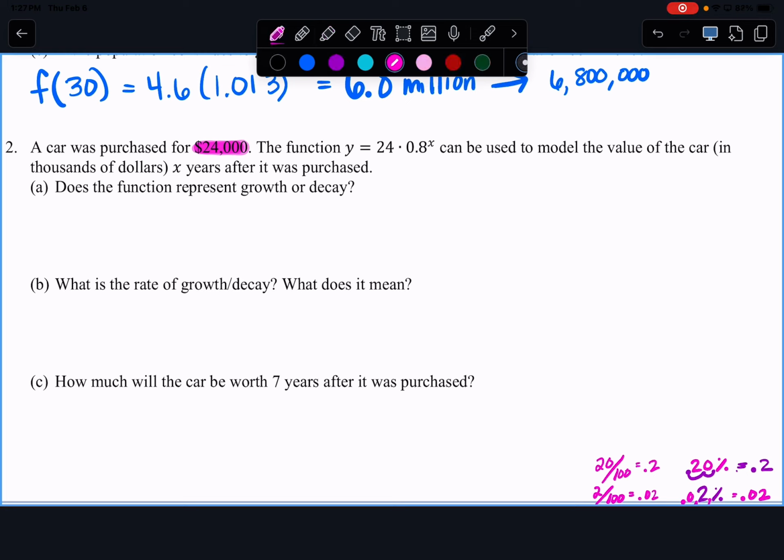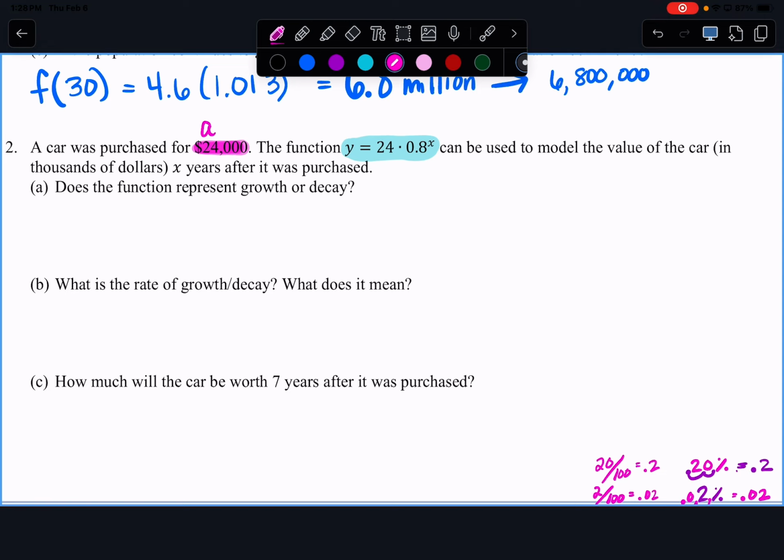That is our A. It also says the function used to model it: y equals 24 times 0.8 to the x power can be used to model the value of the car in thousands of dollars x years after it was purchased.